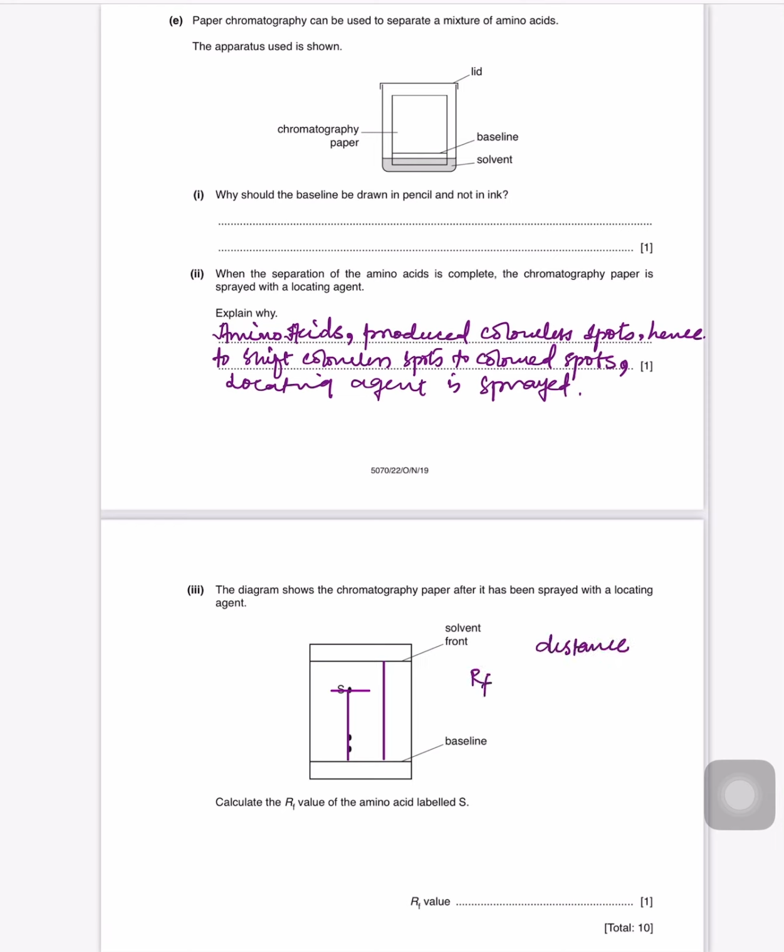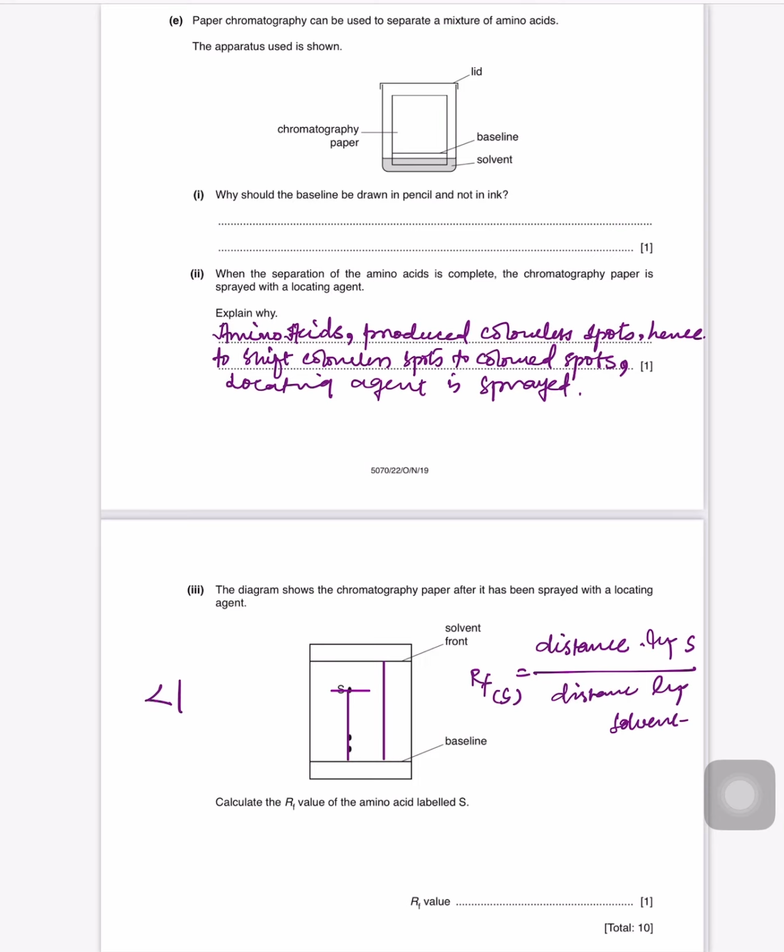RF value of S is equal to distance by S divided by distance by solvent. So don't forget this thing that RF value is always lesser than 1. Why is it so? Because it is always a smaller distance divided by larger distance.